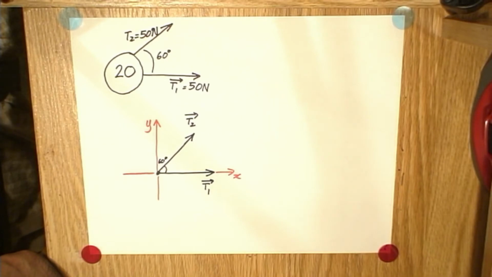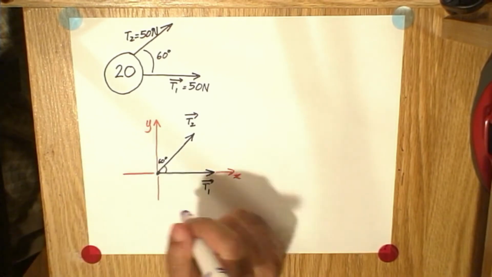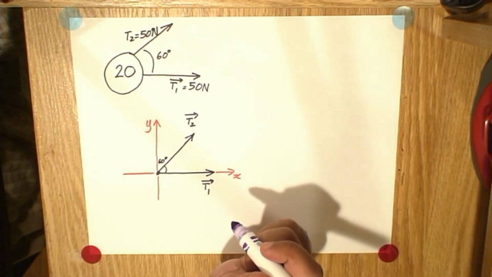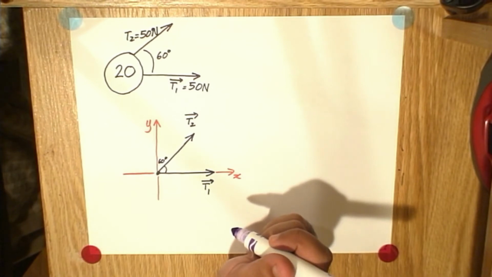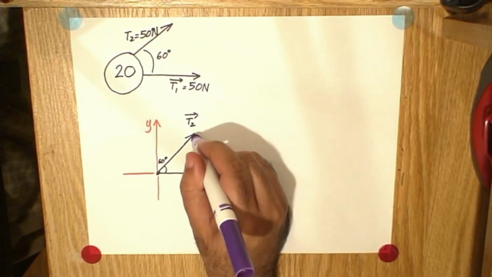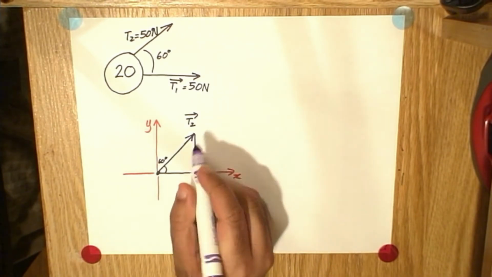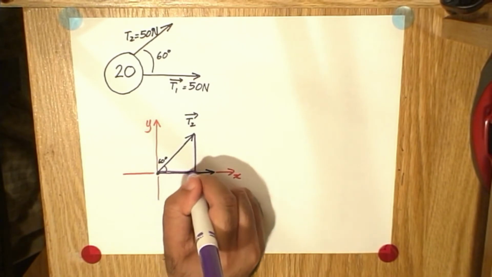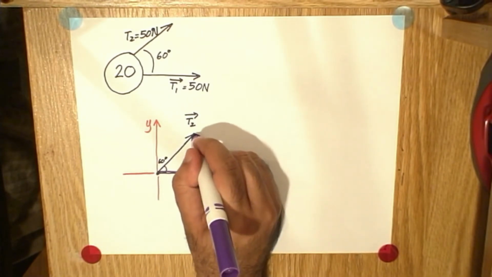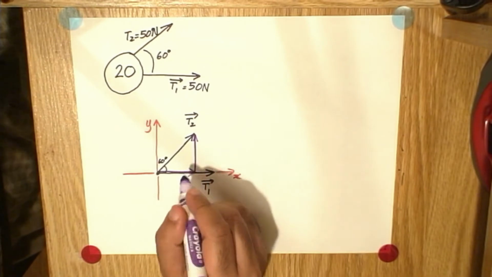And how do we do that? In exactly the same way that we translated it into rectangular back when we were solving for kinematics quantities. We break it into a vertical component and a horizontal component. And the equations are as follows.